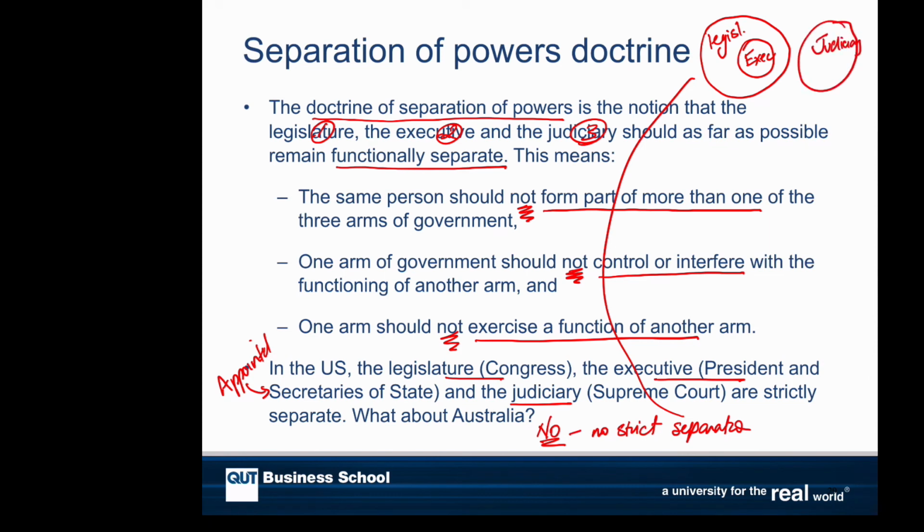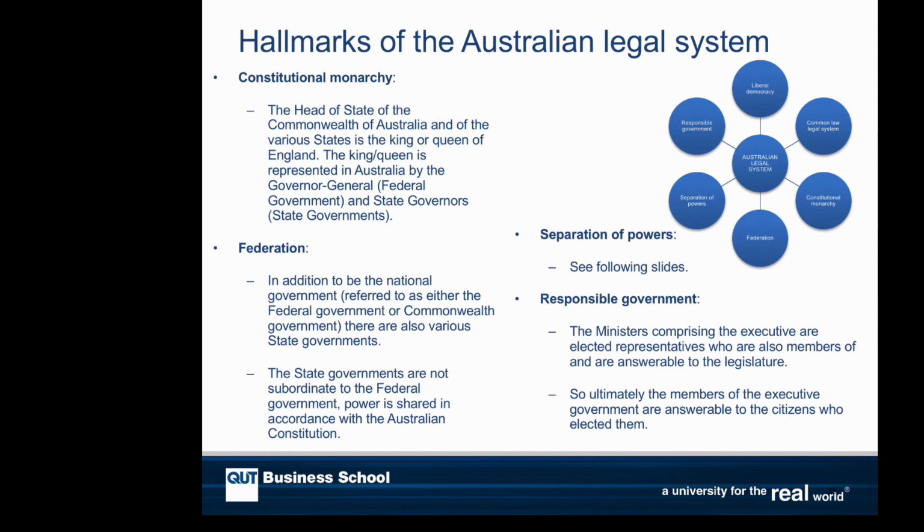Now, you might ask, why? Why don't we have this strict separation? If we go back to this idea of responsible government, one of the other hallmarks of Australian government is that the executive should be reporting to the people, and they do that through Parliament.